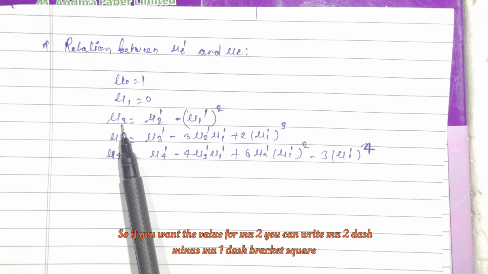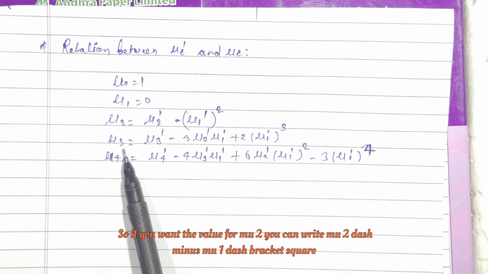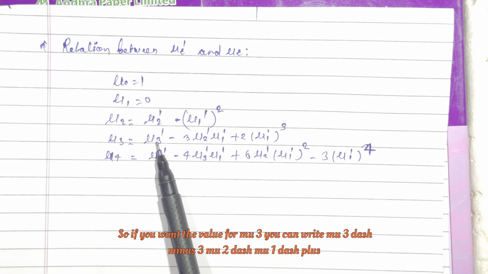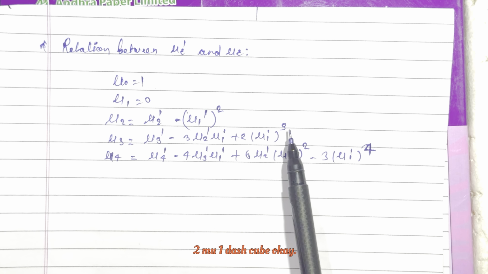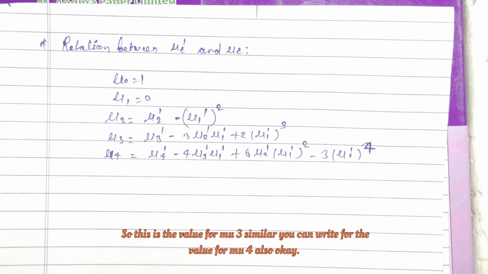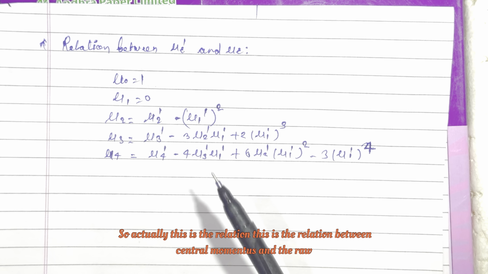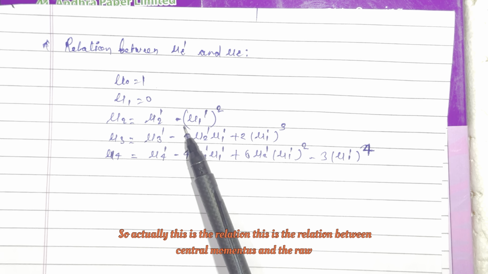If you want the value for mu 2, you can write mu 2 dash minus (mu 1 dash) squared. For mu 3, you can write mu 3 dash minus 3 mu 2 dash mu 1 dash plus 2 (mu 1 dash) cubed. Similarly, you can write the value for mu 4 also. This is the relation between central moments and raw moments.